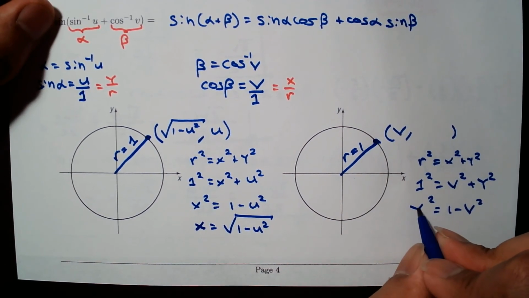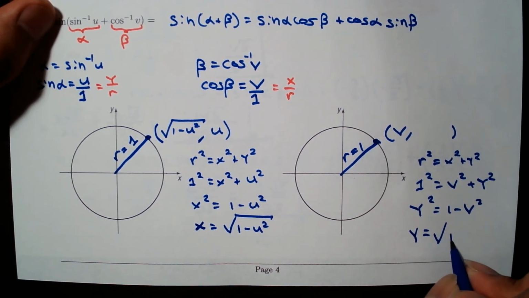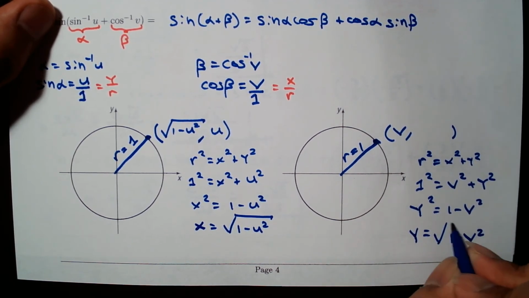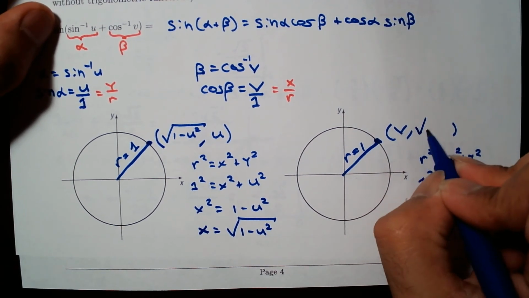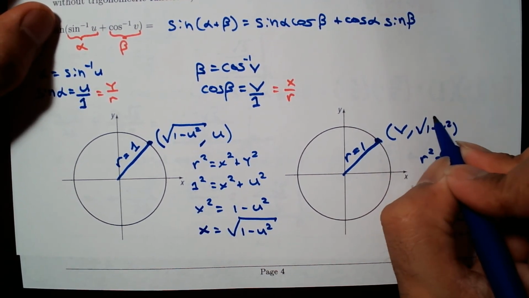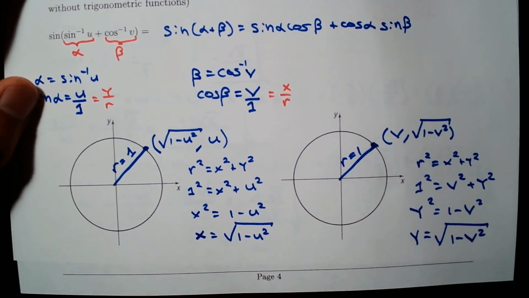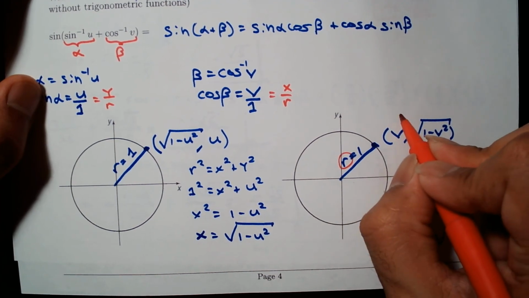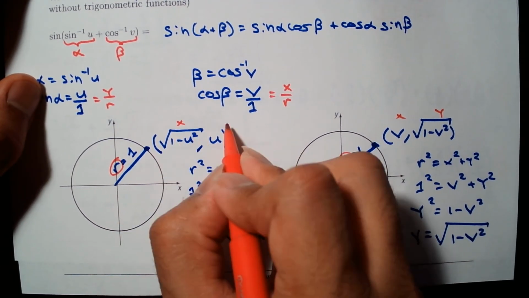And y equals the square root of 1 minus v squared. Okay, so we have everything that we need. r, x, and y.